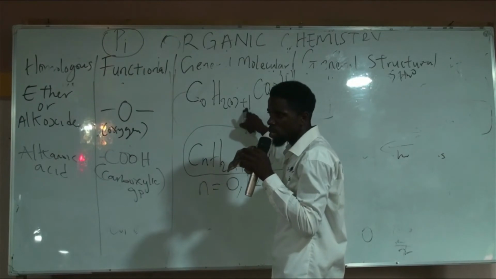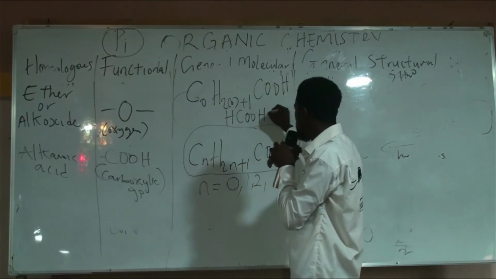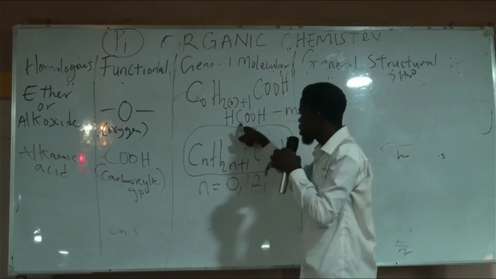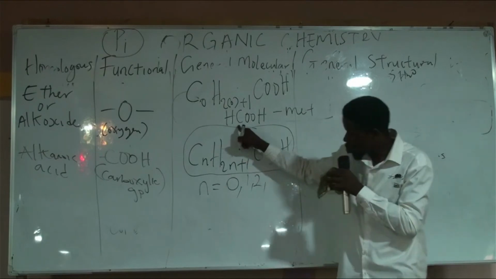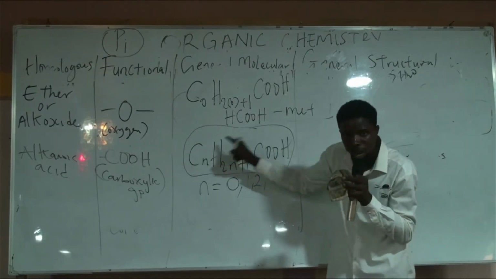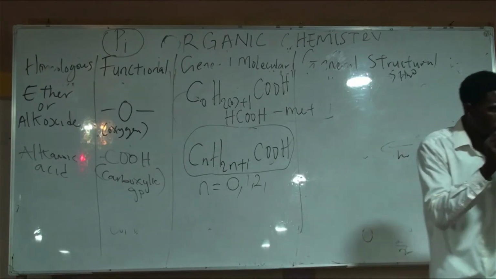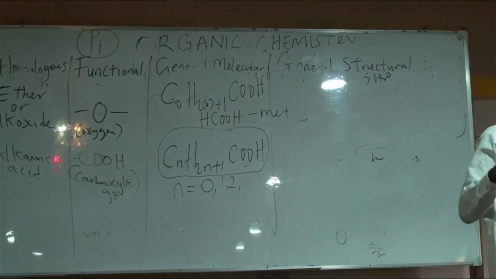So how many hydrogen? One hydrogen, COOH. What is this? Meth. Why? It has how many carbon? One carbon. So the first alkanoic acid, according to this general molecular formula, n starts from 0. If you are using a different molecular formula, n will start from 1.